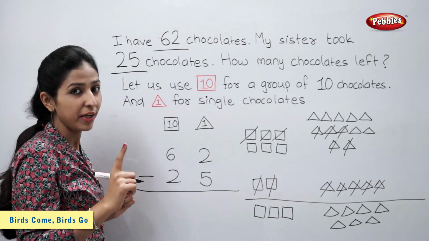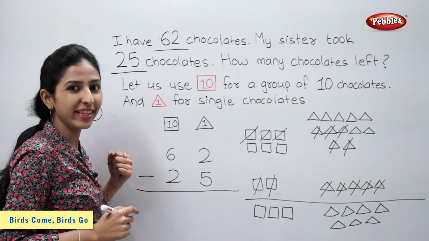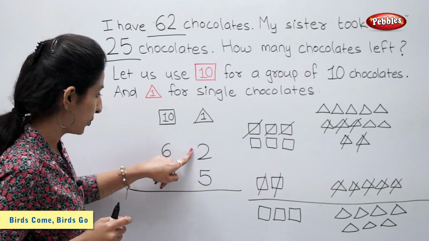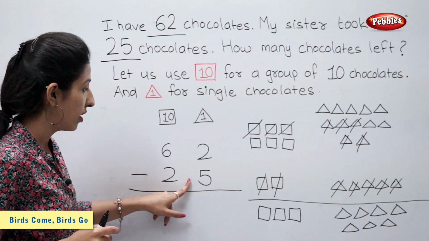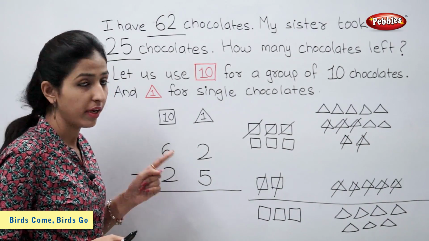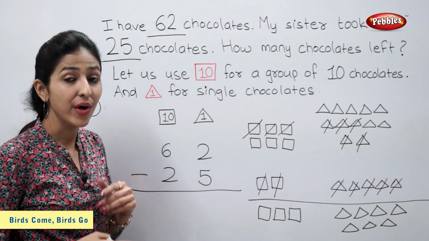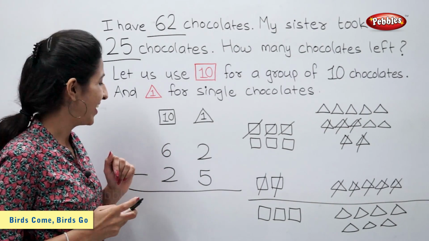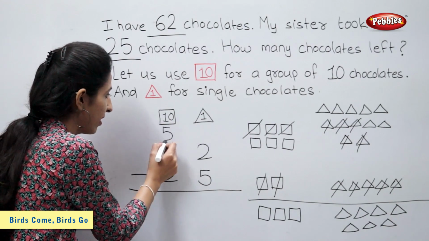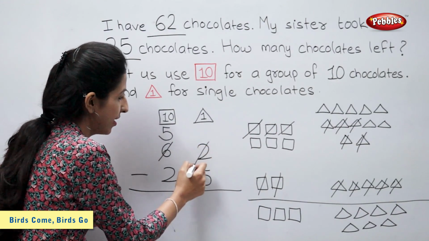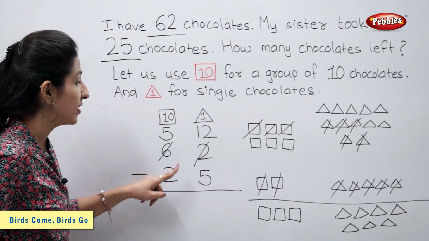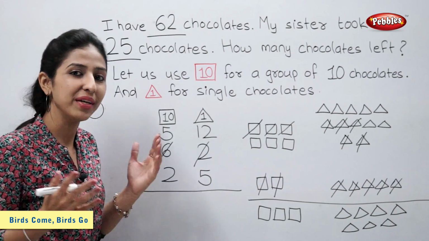Let us do it one more time using this method. Let us subtract ones first. 2 minus 5. Now students, we know that 2 minus 5 is not possible. So, let's borrow from tens. 6 becomes 5. 2 becomes 12. Now 12 minus 5 is equal to 7.